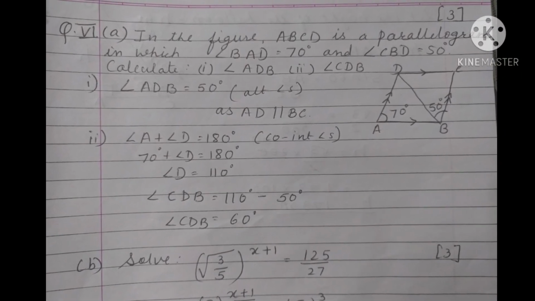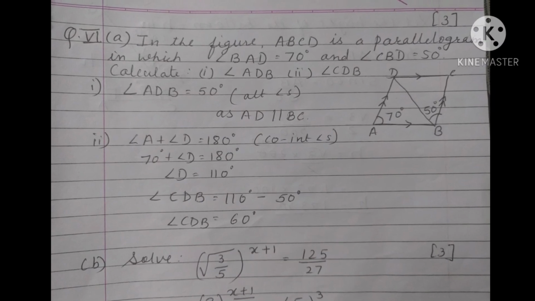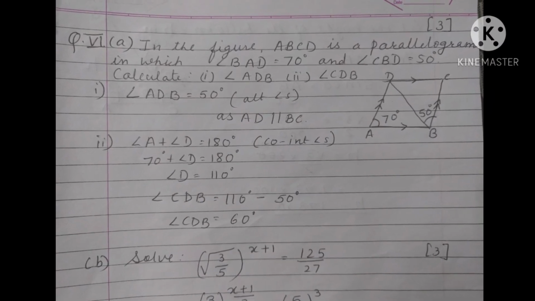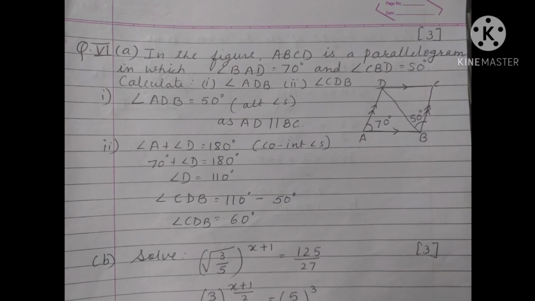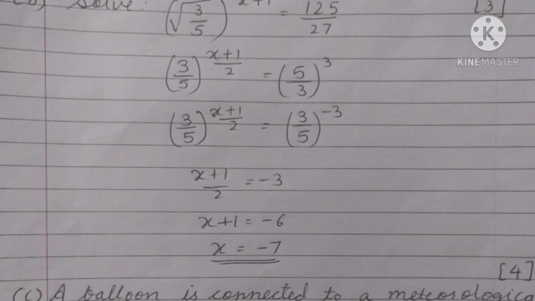Solve. Square root of (3 by 5) whole power x plus 1 is equal to 125 upon 27, a 3 marks question. So now let us solve it as 3 by 5 whole power (x plus 1) by 2 is equal to 5 by 3 whole cube on the right hand side.